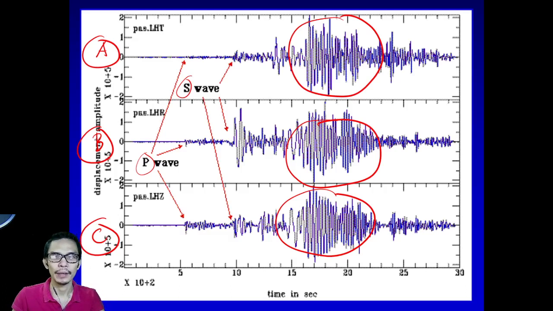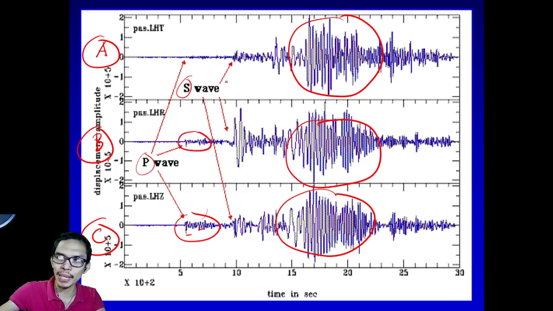The answer is letter C. Why? It's because the amplitude of the P wave is much higher than the one you found on B and letter A, making letter C the seismograph which is near the epicenter.